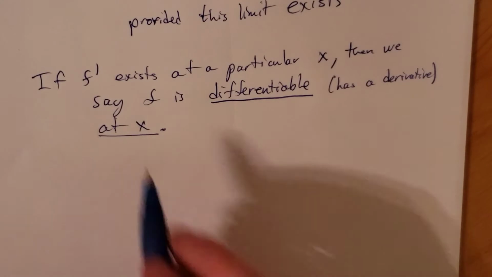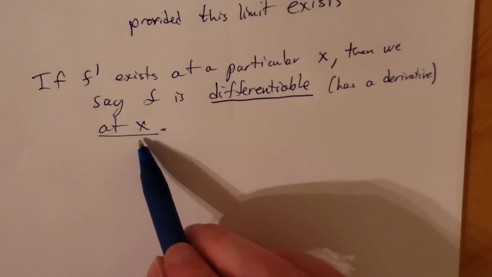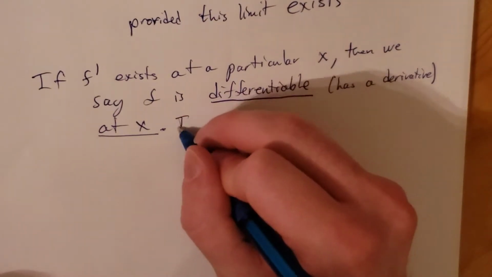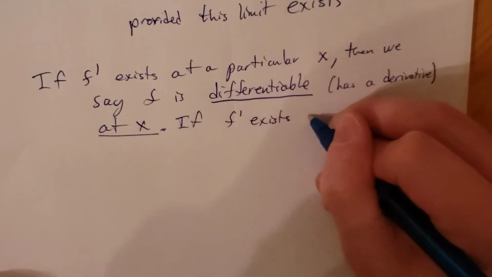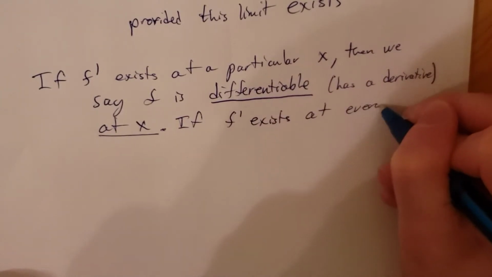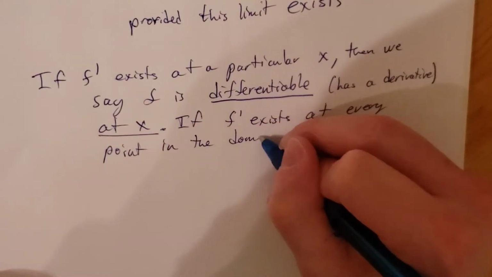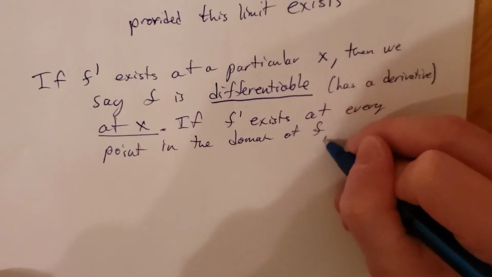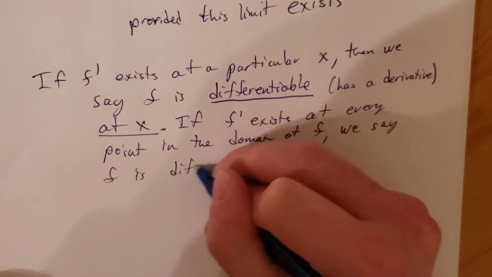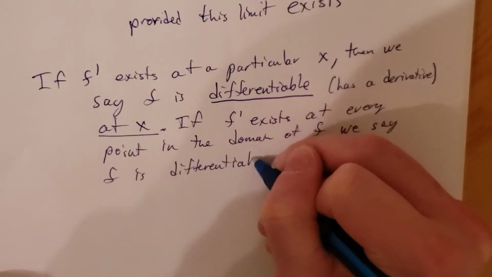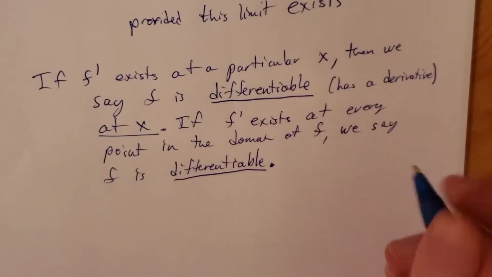So if f prime exists at a particular x, then we say f is differentiable at x. If f prime exists at every point in the domain of f, we simply say f is differentiable. So if you hear that terminology, that a function is differentiable, it just means that it has a derivative at every point.